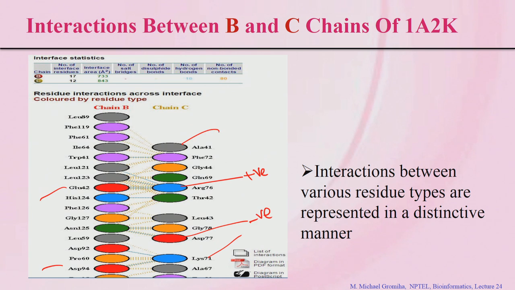Grey is for hydrophobic, and green is mainly for the polar residues. Now, you can see the type of interactions here. So, what is this green one, the blue one?